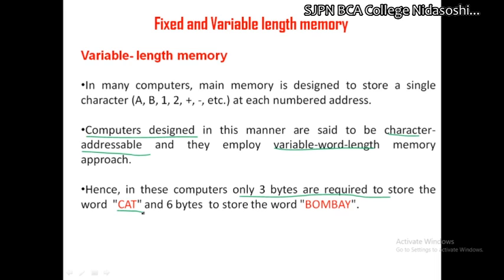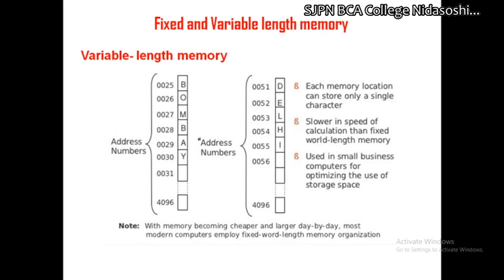See here, every location has a memory address number. So here I am storing Bombay. How many characters are there? 6 characters. Only 6 bytes are taken to store Bombay.